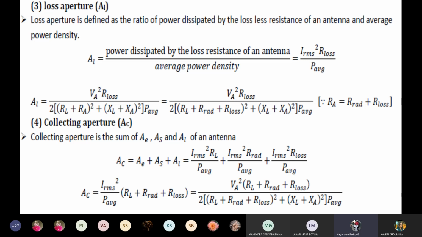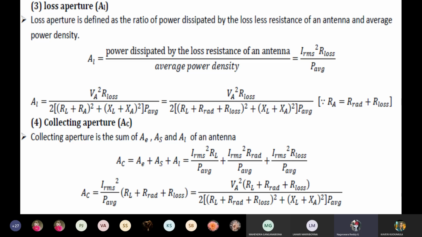A_L is equal to V_A square into R loss. From the above equation we can get I_RMS square. So I_RMS square can be written as V_A square by 2 into (R_L plus R_A) whole square plus (X_L plus X_A) whole square.